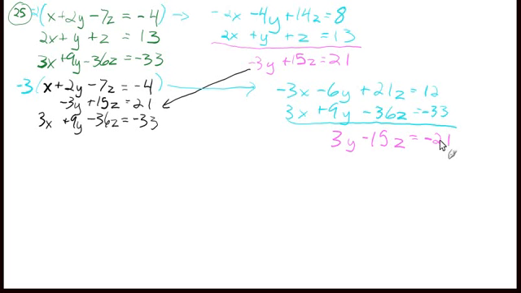Let's write it in yellow now. Same first equation, x plus 2y minus 7z equals negative 4, negative 3y plus 15z equals 21, 3y minus 15z equals negative 21.